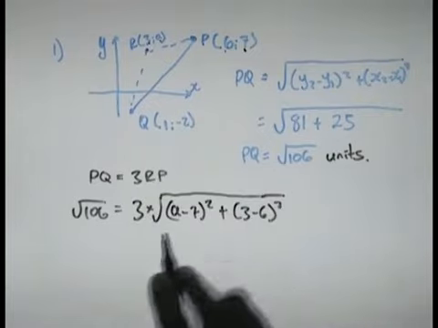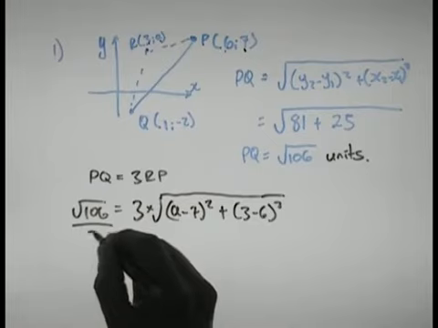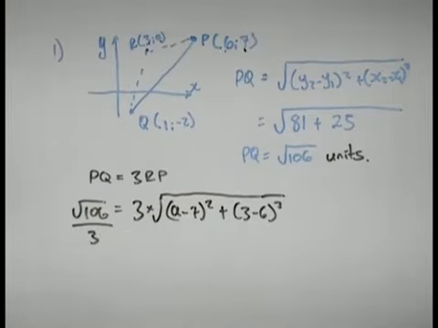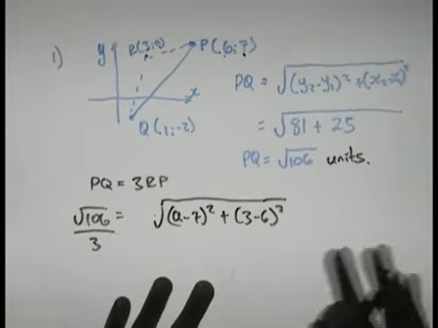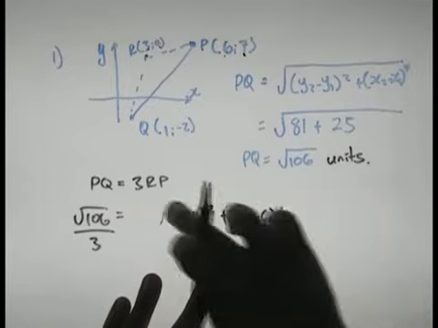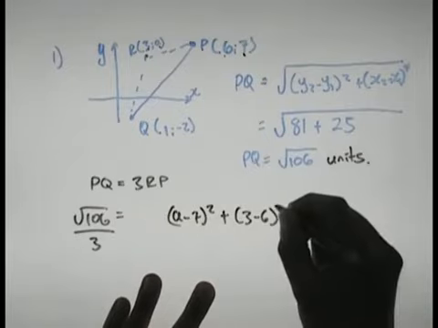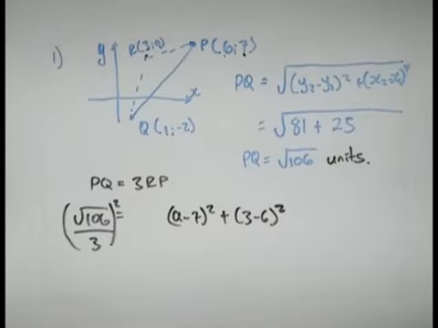First I've got to get rid of that 3 in front of that square root, so I'm going to make it root 106 divided by 3. Then to get rid of that square root, I square both sides. What I do to one side, I do to the other.